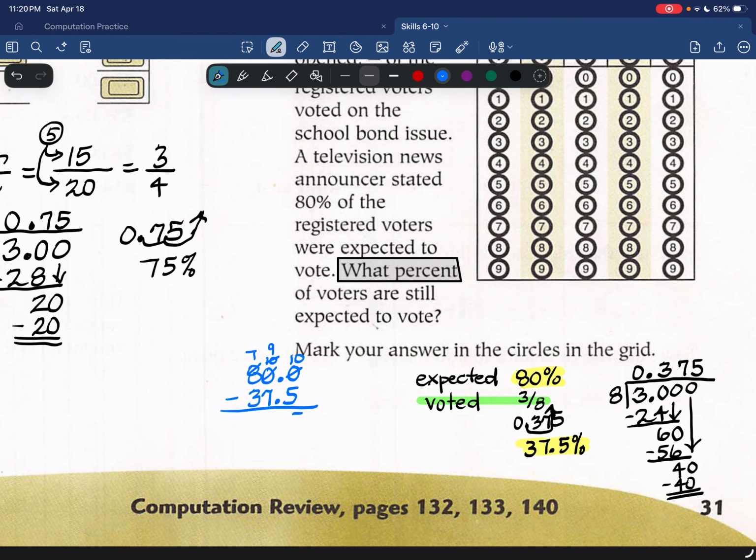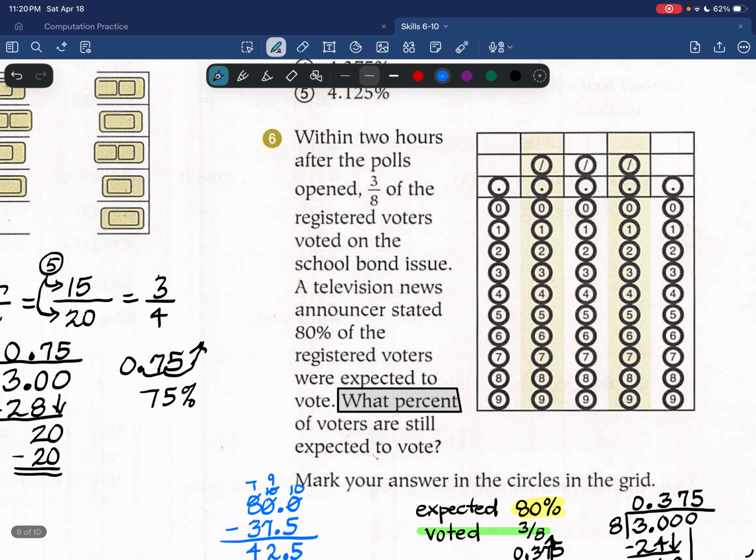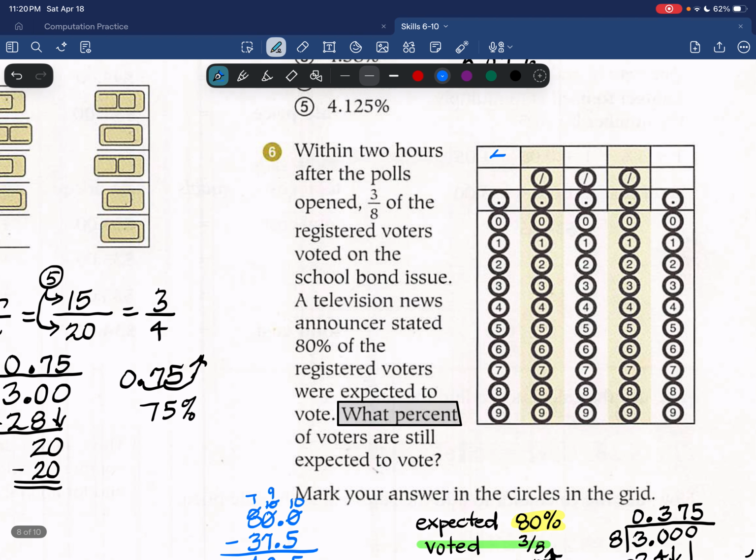And then I can subtract. 42.5% have not yet voted. And this is what gets gridded. 42.5, 4, 2, point. Don't lose that decimal or you've missed it. 5.